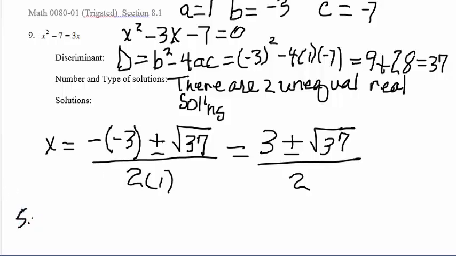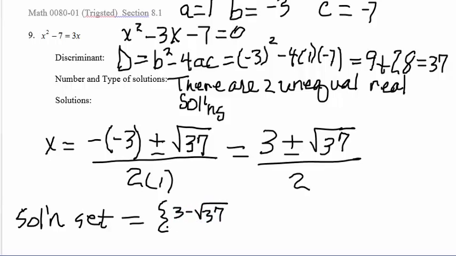And when you go to fill in the solution set, you're going to get 3 minus the square root of 37 over 2. That's one solution. And the other solution is 3 plus the square root of 37 over 2.